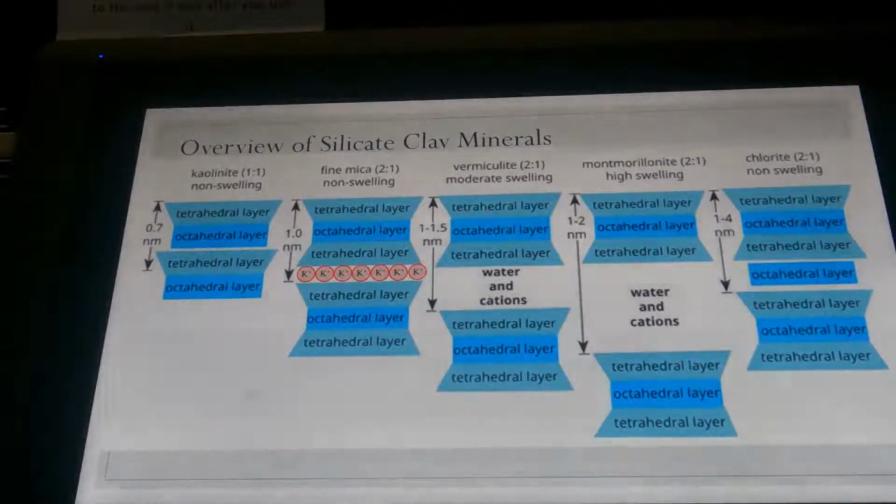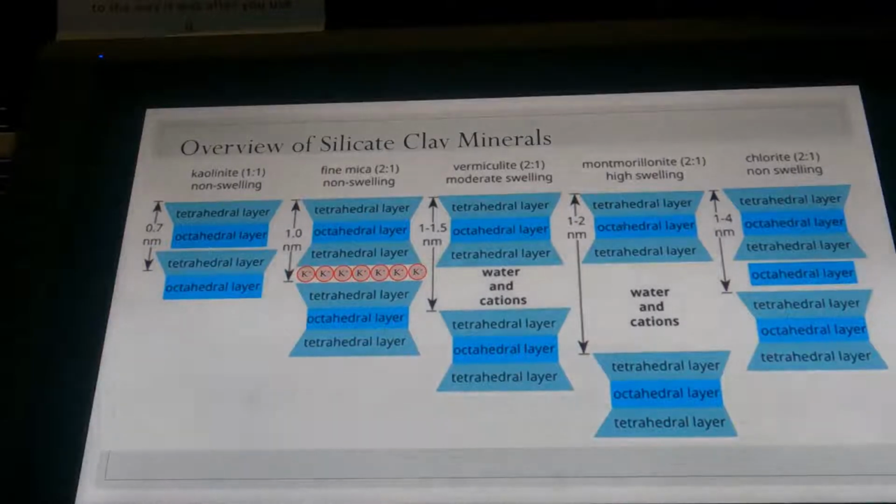And so then just an overall view going from kaolinite all the way to chlorites. This lab will be beneficial for identifying the different types of clay minerals. Hint, hint.